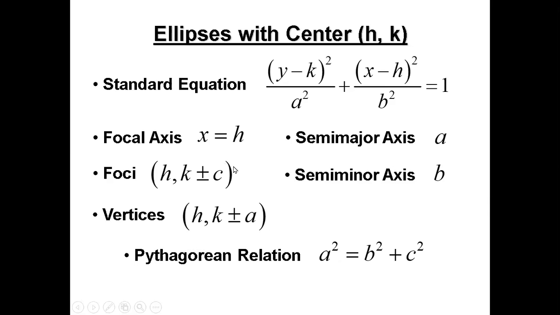The focal axis will always be x equal to h. The foci are (h, k plus or minus c), and the vertices are (h, k plus or minus a). The semi-major axis is still a, the semi-minor axis is b, and the Pythagorean relationship is a squared equal to b squared plus c squared.